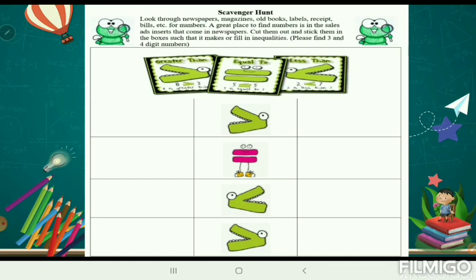Because you all are doing 3 and 4 digit numbers, find for it, cut it out and stick it. You know the crocodile will eat the greater number, so stick a greater number accordingly. This is the greater than sign, equal to sign, less than sign, greater than. So accordingly you stick the numbers, and your activity is done.